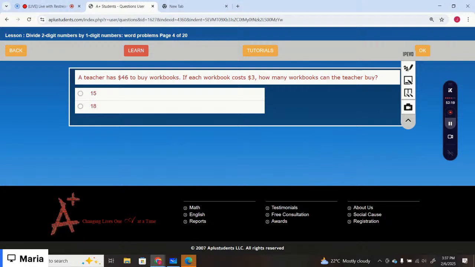A teacher has $46 to buy workbooks. If each workbook costs $3, how many workbooks can the teacher buy?